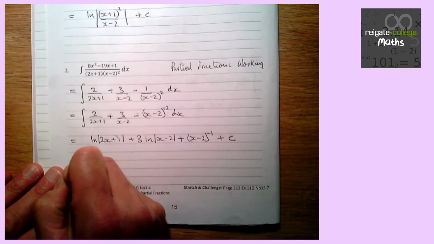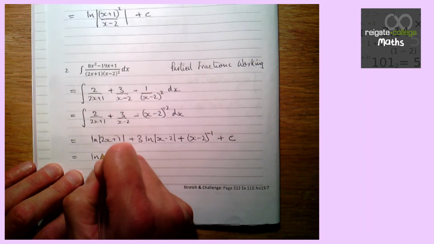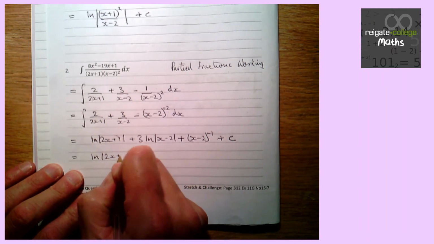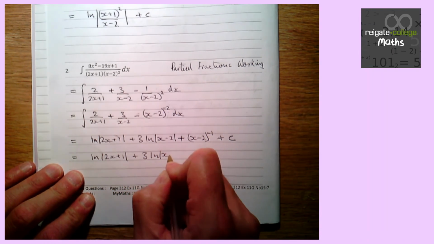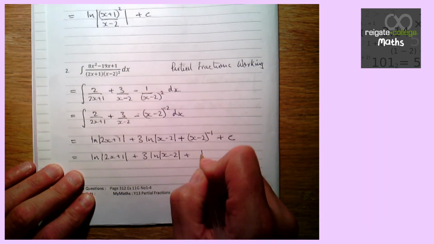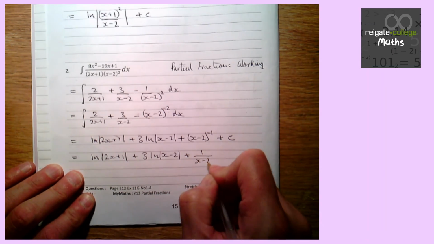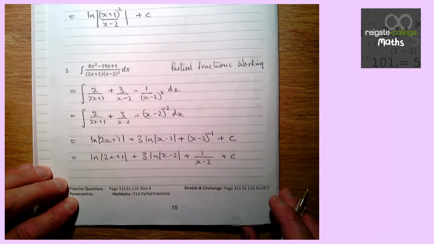And let's just rewrite that with a fraction here. So this is ln of modulus of 2x plus 1 plus 3 ln modulus of x minus 2 plus 1 over x minus 2 plus a constant of integration.